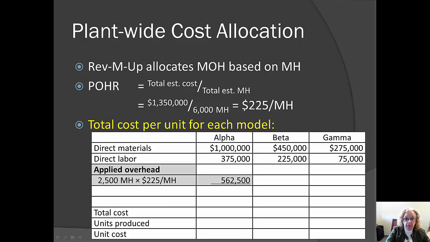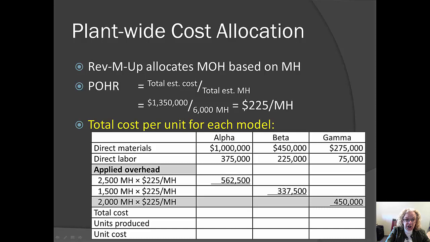We can take the number of machine hours used for the alpha motors, 2,500 machine hours, multiply it by our allocation rate, and that will tell us how much overhead to assign to these motors. We can do the same thing with the beta motors and the same thing with the gamma motors.